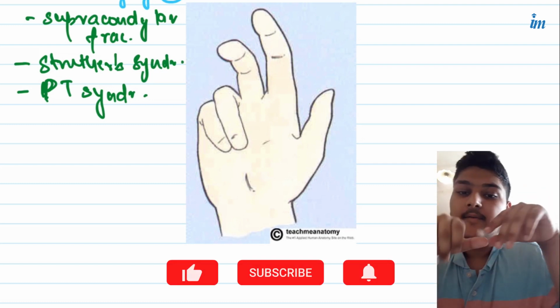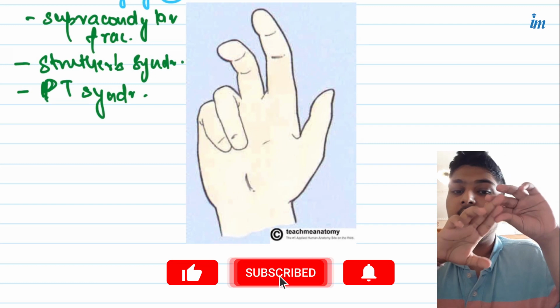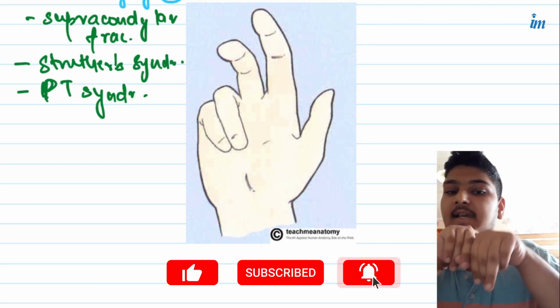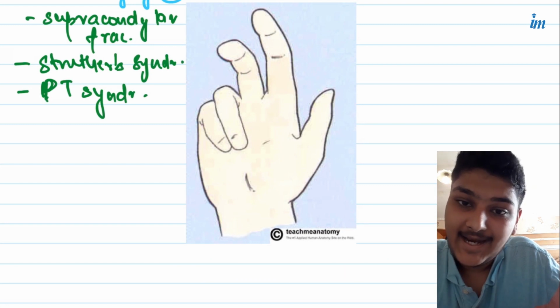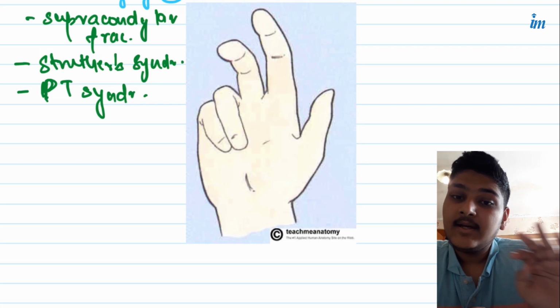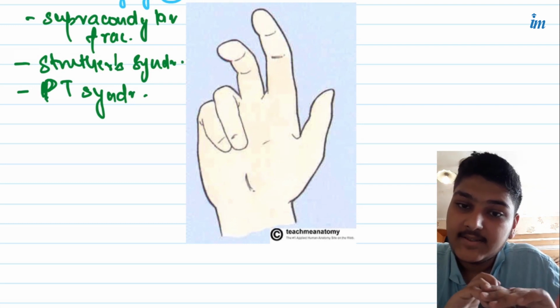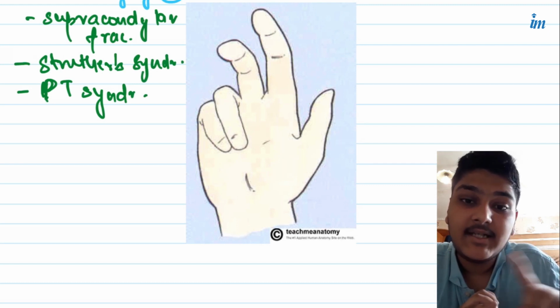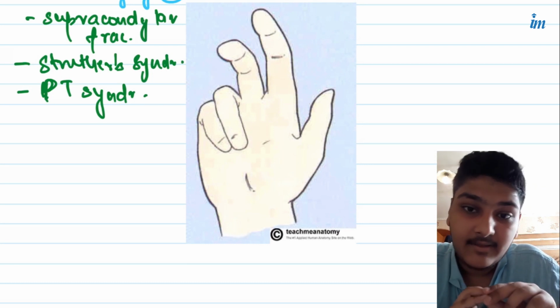So the patient won't be able to flex the thumb because flexor pollicis longus is gone. The patient won't be able to flex the second and third digits. Why? Flexor digitorum superficialis and the lateral half of flexor digitorum profundus are completely gone. But the patient will be able to flex the fourth and fifth digits because the medial half of flexor digitorum profundus is left. But this will be a weak flexion.